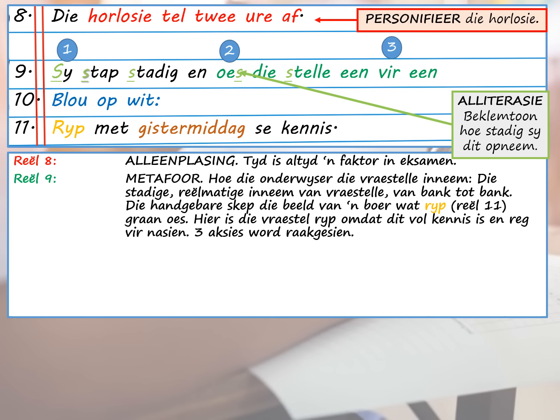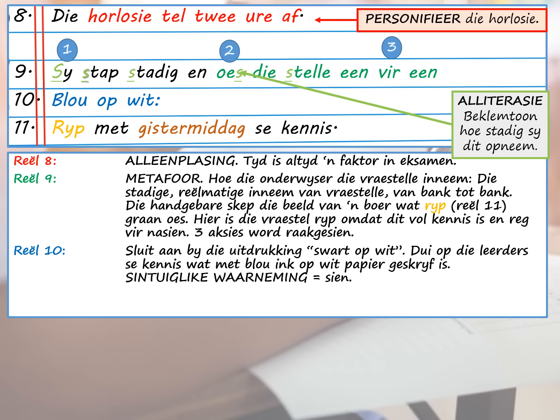Now, they are referring here to ripe, meaning that with the metaphor of the farmer, they will only harvest ripe corn or wheat or sunflowers. So it links with line 11, so we'll talk about the ripe in a moment.